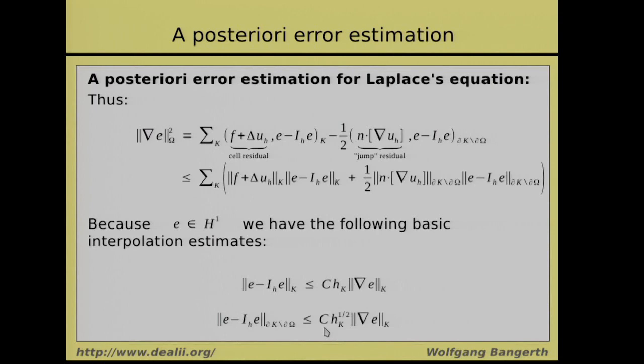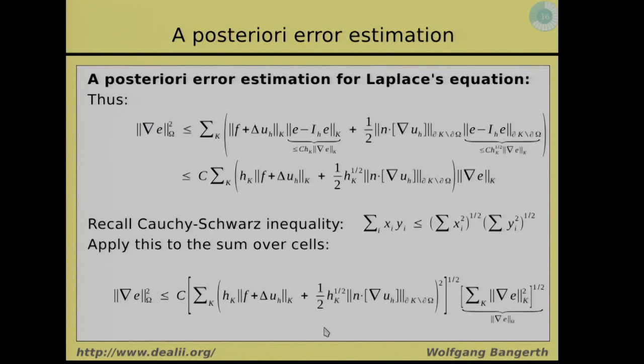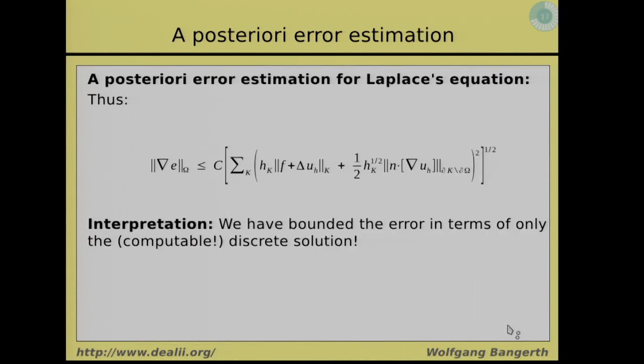But I want to point out that there is a constant here that we have to keep track of that comes out of these interpolation estimates. Okay, so if I put this all together, I have the constant over here times the sum of the residual squared to the 1/2, and then I have the norm of the error in the H1 semi-norm. So if I divide both sides by the gradient of e integrated over omega, I'm going to get this thing here.